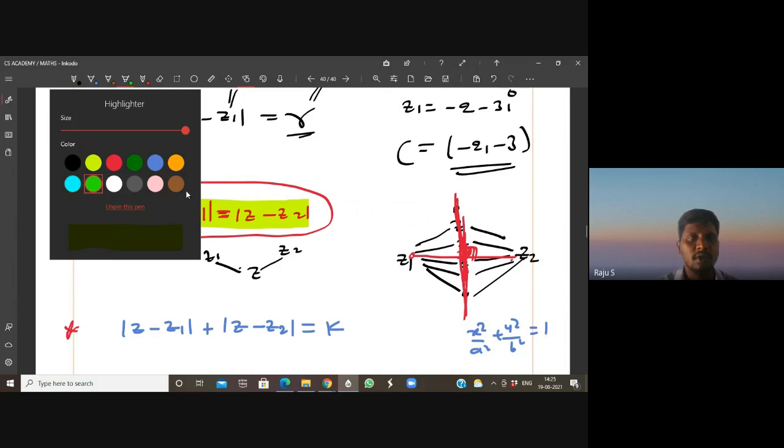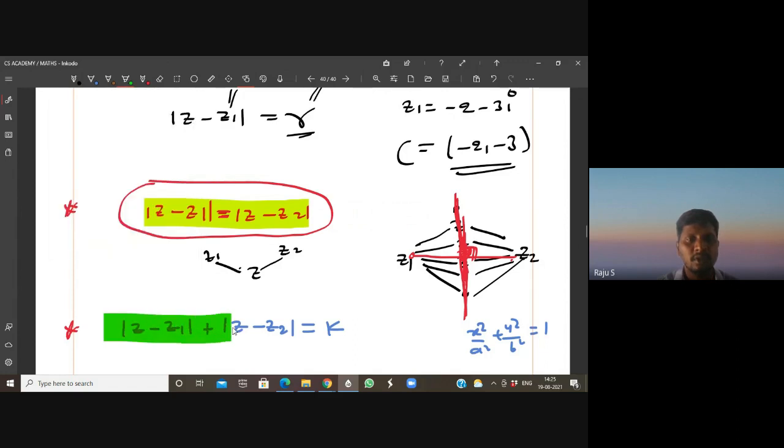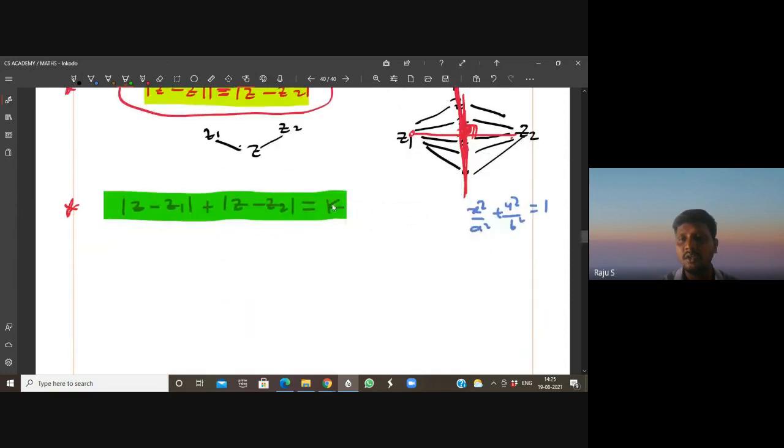Modulus of z minus z1 plus modulus of z minus z2 is equal to k represents the equation of an ellipse. Like, you can take z always as x plus iota y. You can take z1, z2 or any two different points. So you can take the modulus and simplify. Finally, you are going to get it in this form.